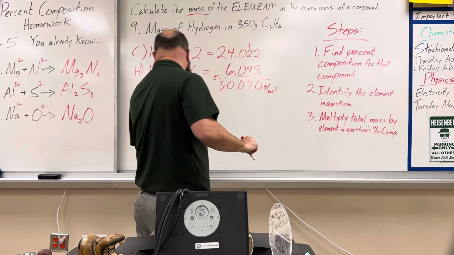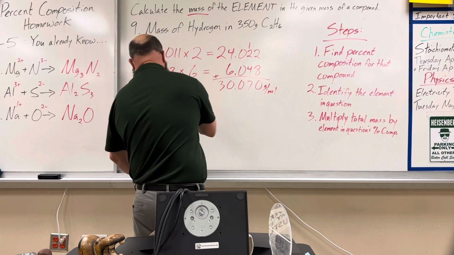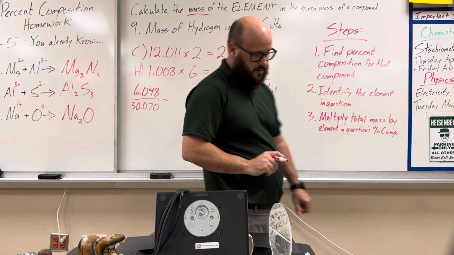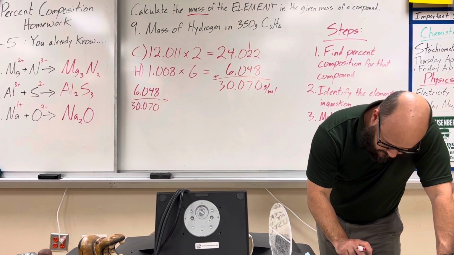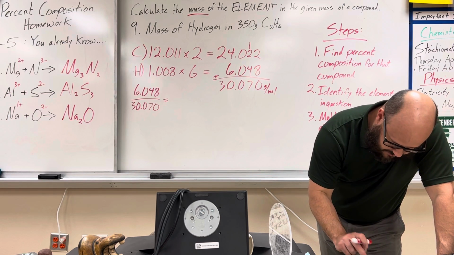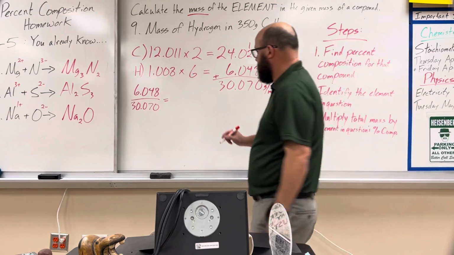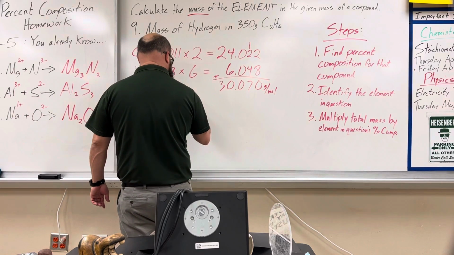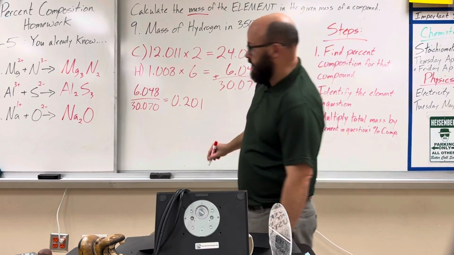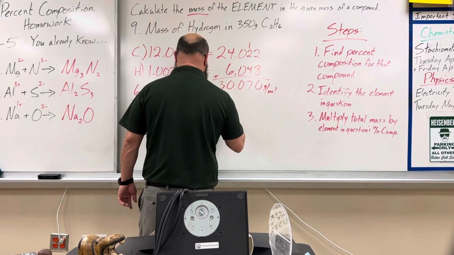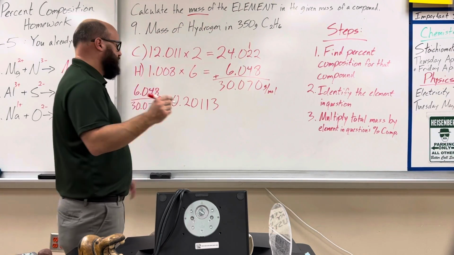Or you know what, we'll work that out in 2 steps. So 6.048 divided by 30.070 gives us 0.20113. Now multiply by 100.